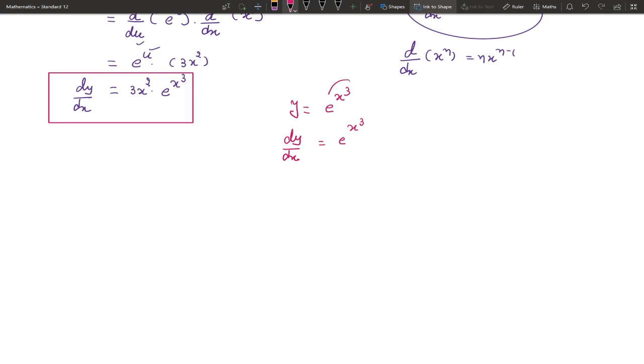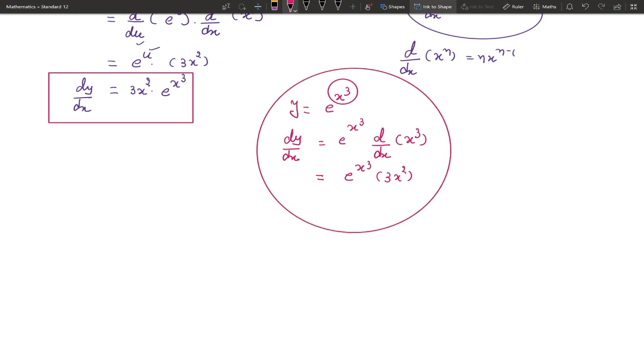But the power is not x, we have to consider it as a function of x. So into, by chain rule, d by dx of x cube. So the answer is e raised to x cube into 3x square. Now in each example we will follow this method. Directly we use chain rule.